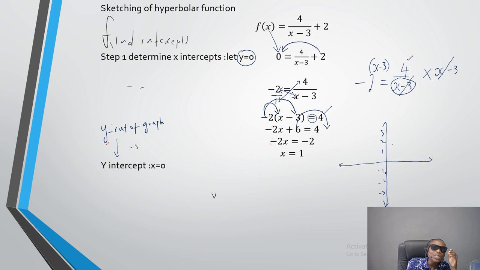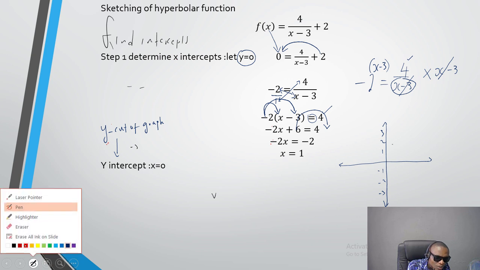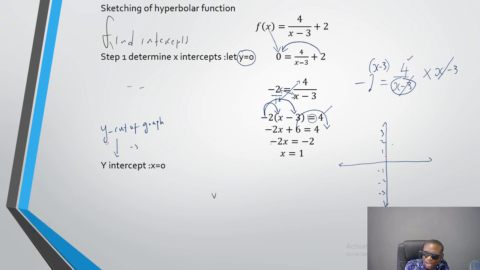At any point on the y-axis, the x-coordinate is 0. So if I were to put a point on the y-axis, let me just put it here.